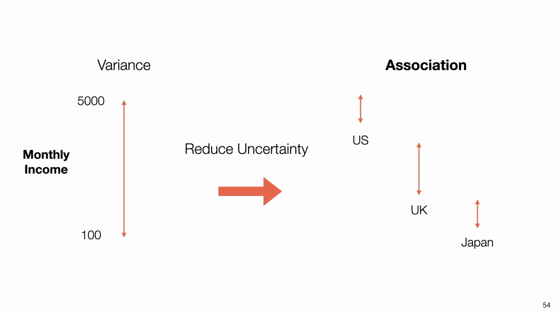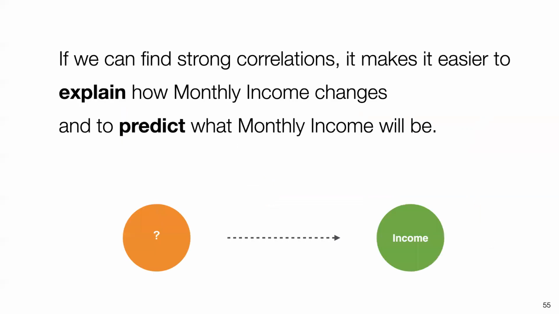Because if you're coming from Japan, much lower. If you're coming from the US, much higher, and so on. Again, we just reduced uncertainty. So if we can find strong correlations, then it makes it easier to explain how your monthly income changes, and predict what monthly income will be.